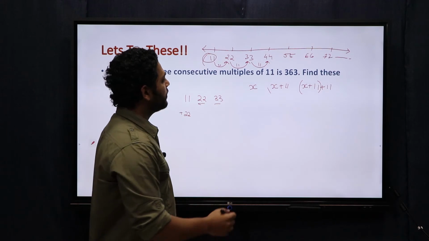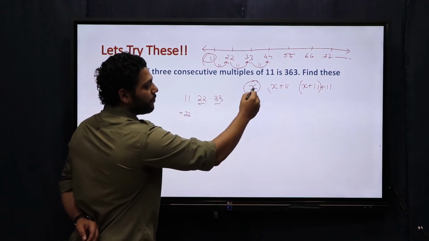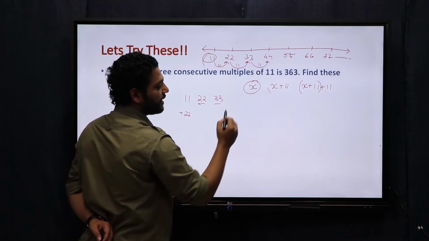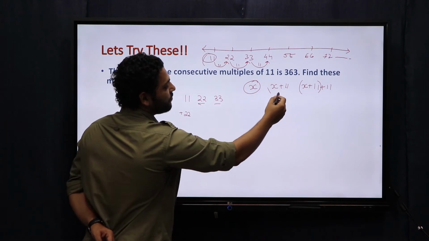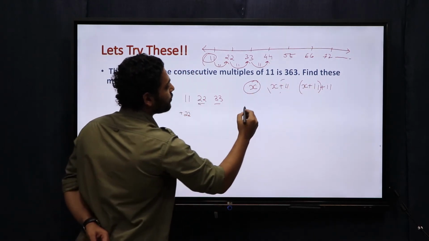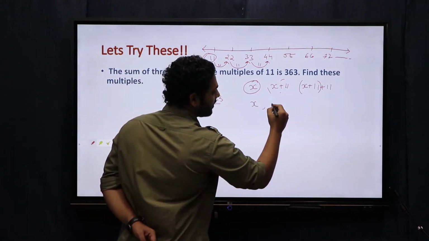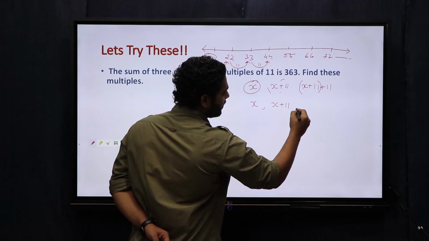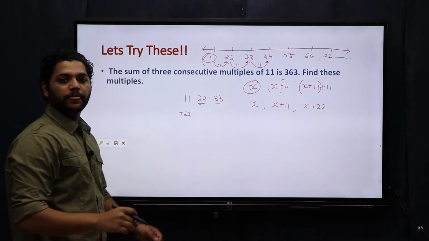What did I do here? If this is one multiple of 11, the immediate one after this would be x plus 11, right? And the exact immediate one after this would be this plus 11. So I can write three consecutive multiples of 11 as x, x plus 11 and x plus 22, right?